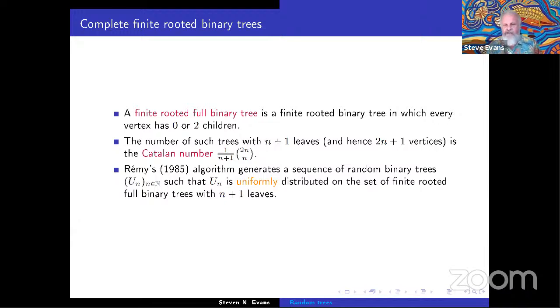The Radix sort process is kind of inefficient. The way of making it more efficient is an algorithm that's called Patricia, and when you turn that into a Markov chain, you get the Patricia sort process.